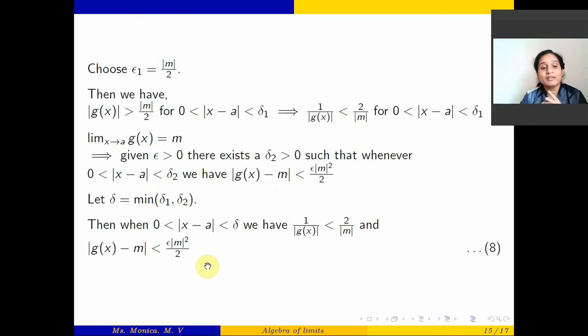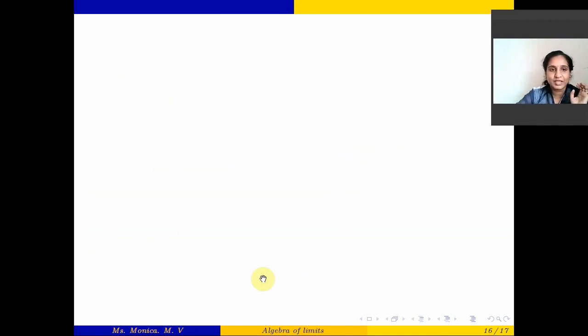This is the preliminary work we have done for the ratio f of x by g of x, to take the limit extending to a. After all the work, we have this important part of the proof which we have derived.